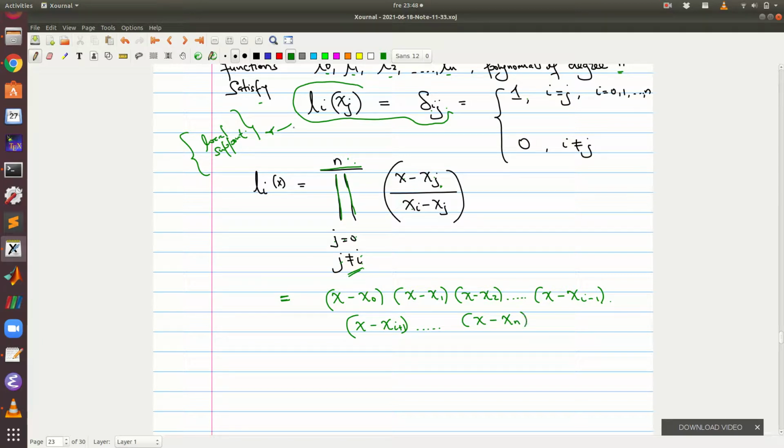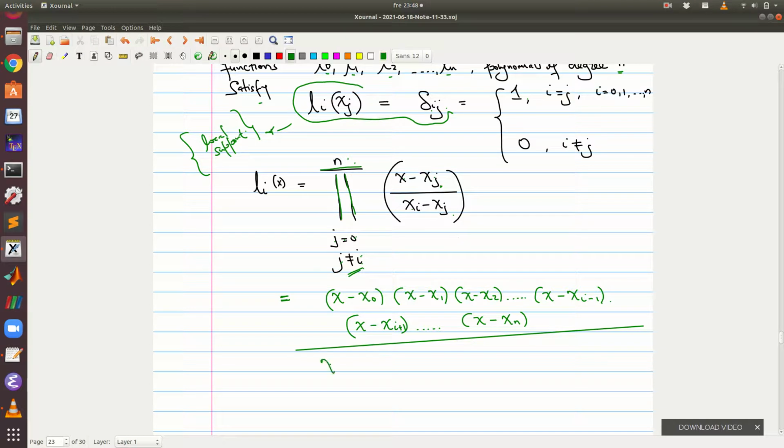So this is what we have in the numerator, and then we divide by the product in the denominator, which is exactly the same thing, excluding i equals j, and definitely when i equals j it makes no sense because that would run to 0 and you cannot have your denominator running to 0.